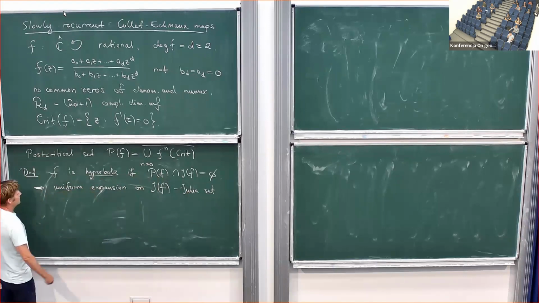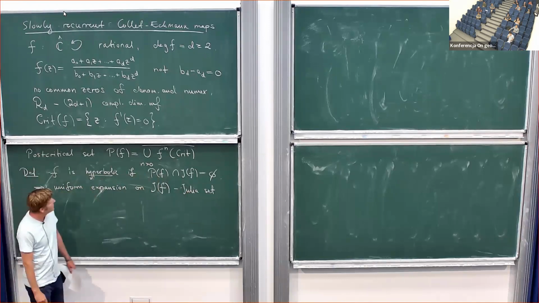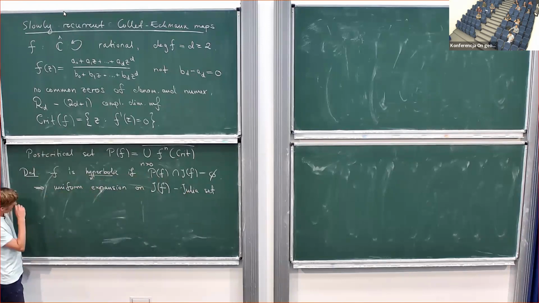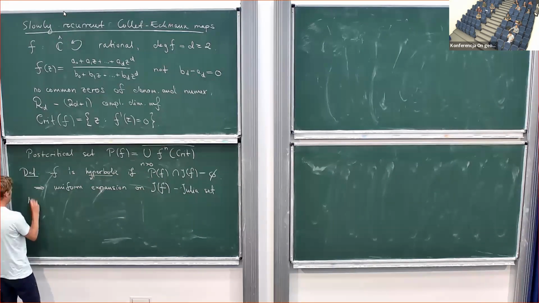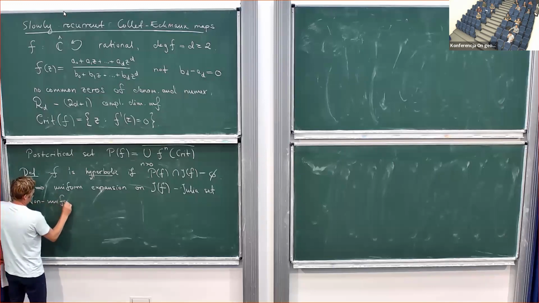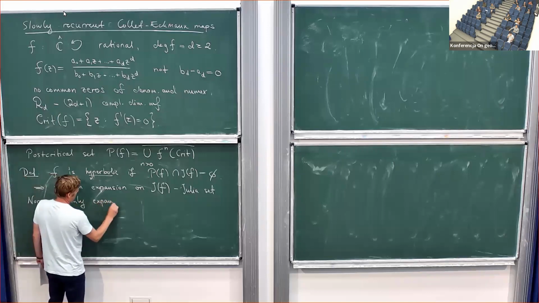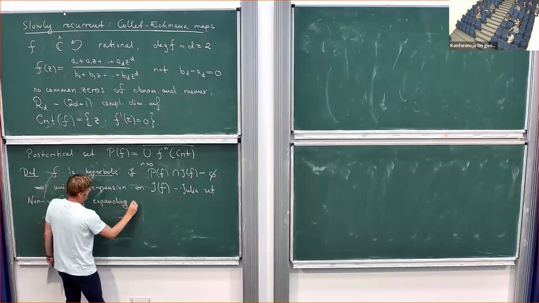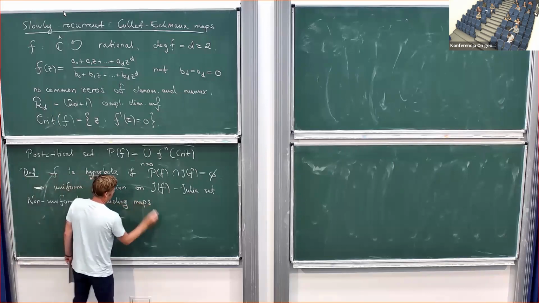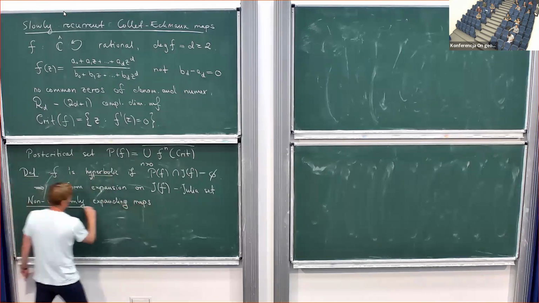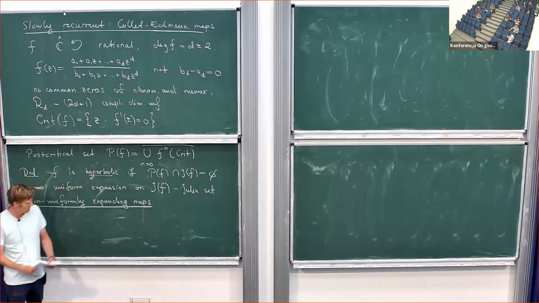We're going to talk about these Collet-Eckmann maps. This is a class of non-uniformly expanding maps. There are many classes of this, but I'm going to focus on this Collet-Eckmann class.